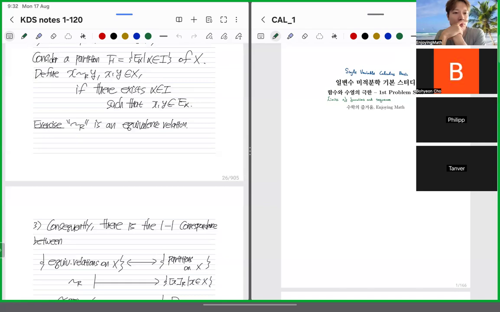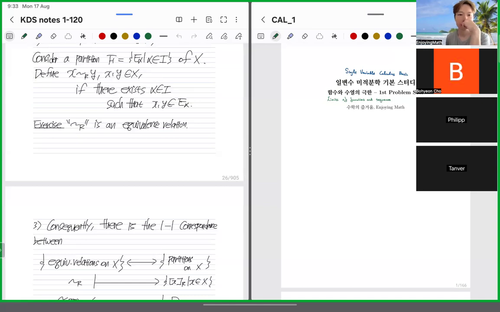That's the question. Let's assume x is related to y and they belong to E alpha, and y is related to z and it belongs to, let's say, E beta for the sake of conversation.